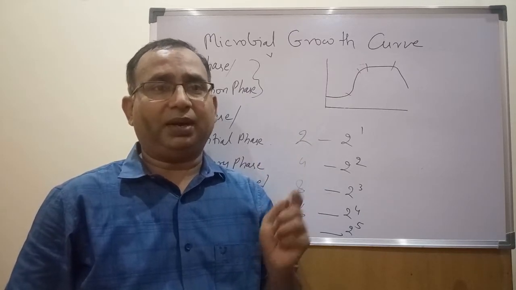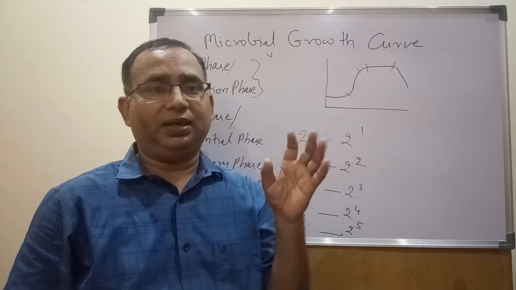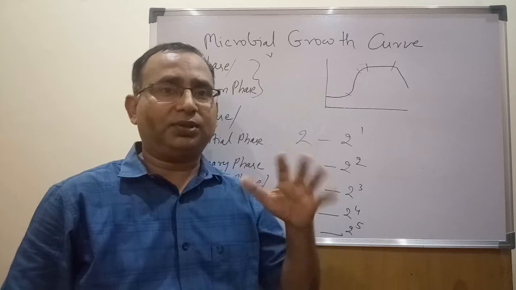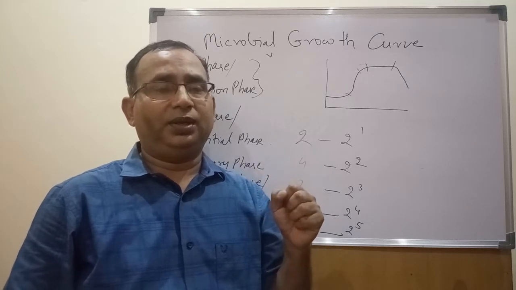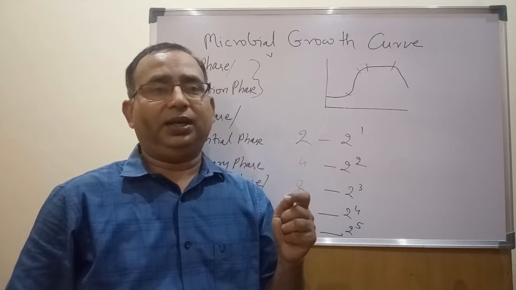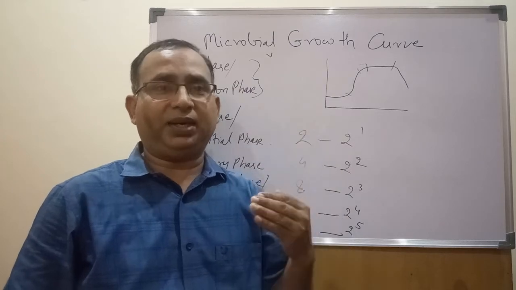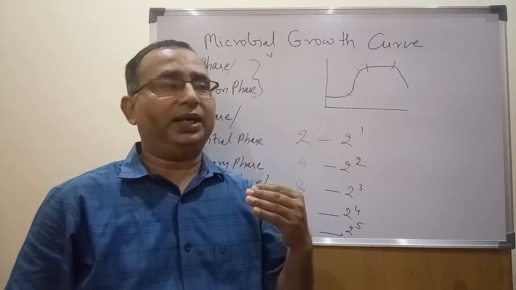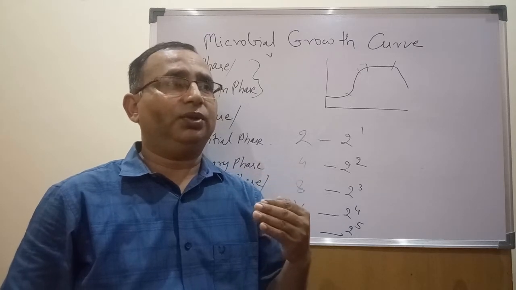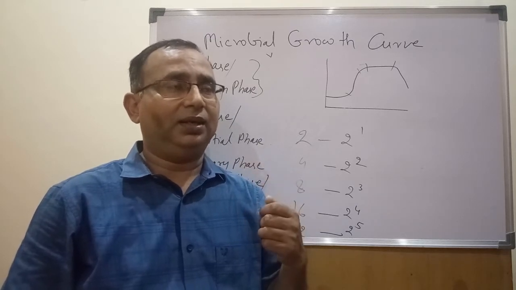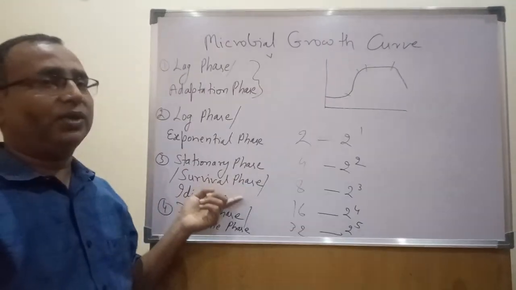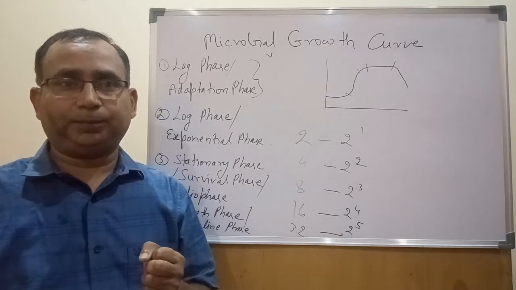And since the microbe is surviving here in scarcity, it has to develop some capability so that it can maintain its life condition, and hence it has to make an effort so that it does not die, and hence this phase, the stationary phase, is also called the survival phase.